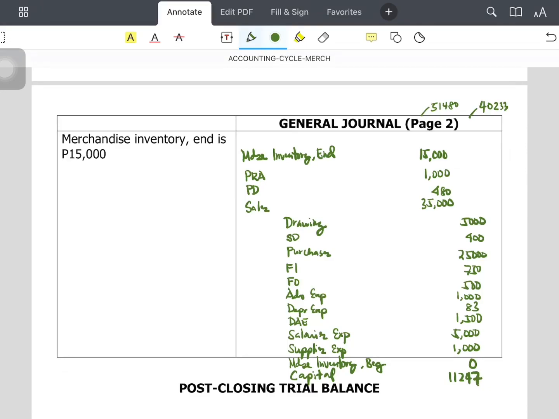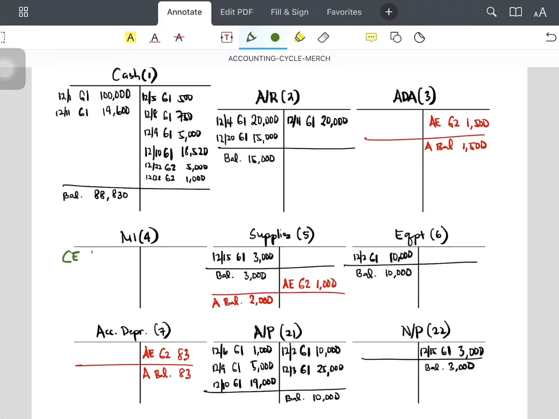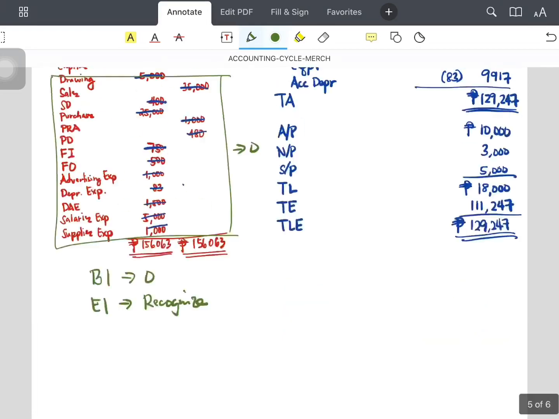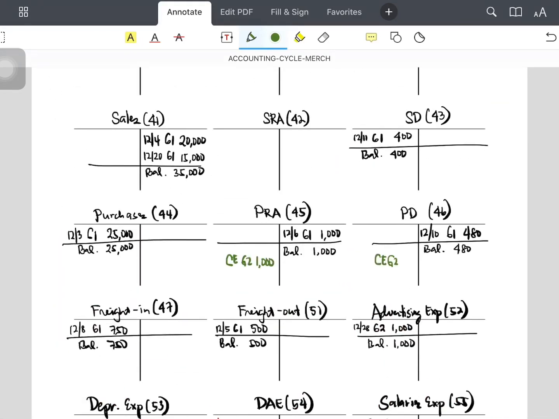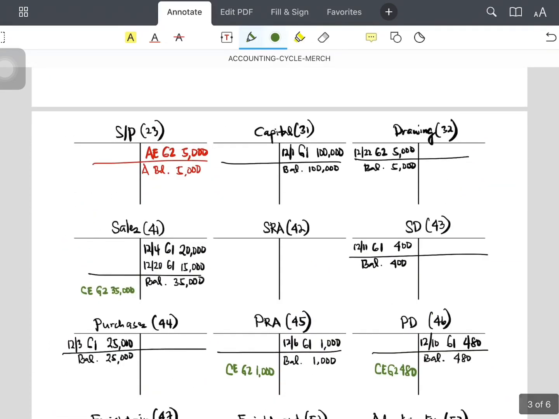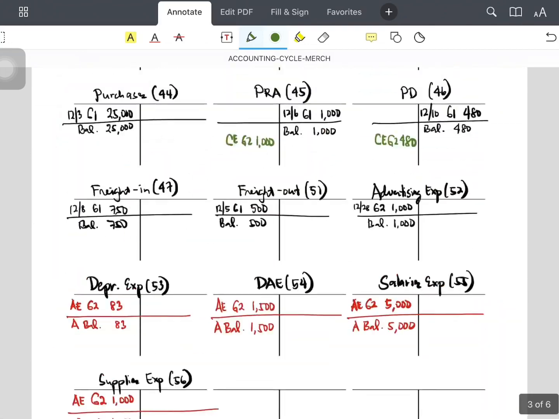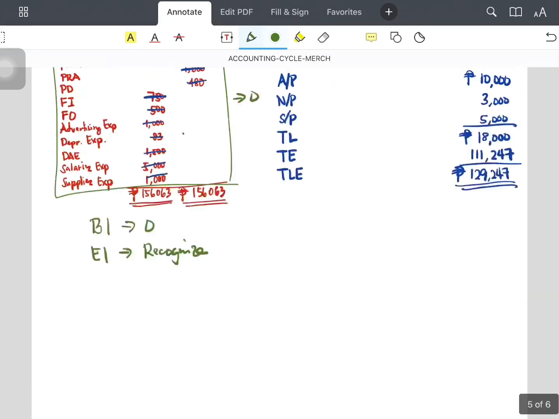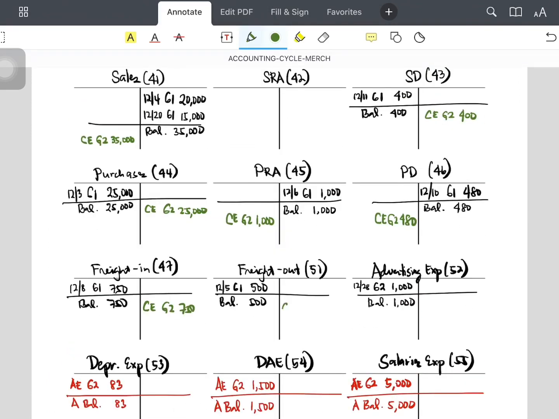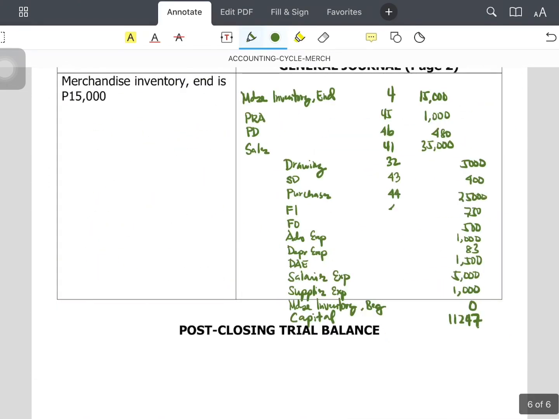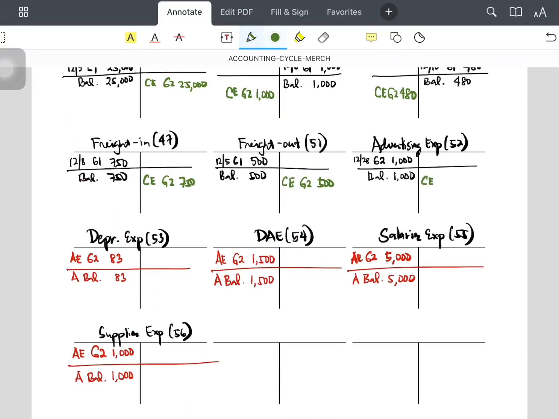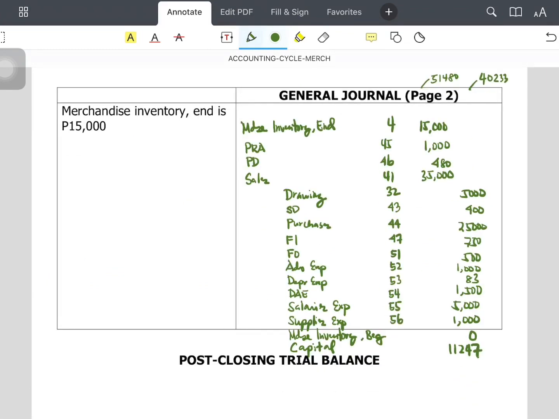To update our T accounts, let's post. The merchandise inventory beginning here is just for template purpose if you are given that.